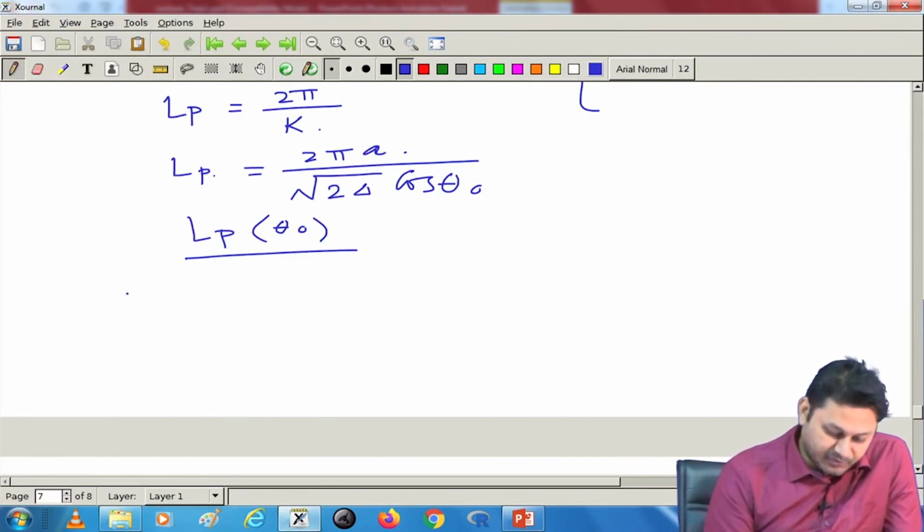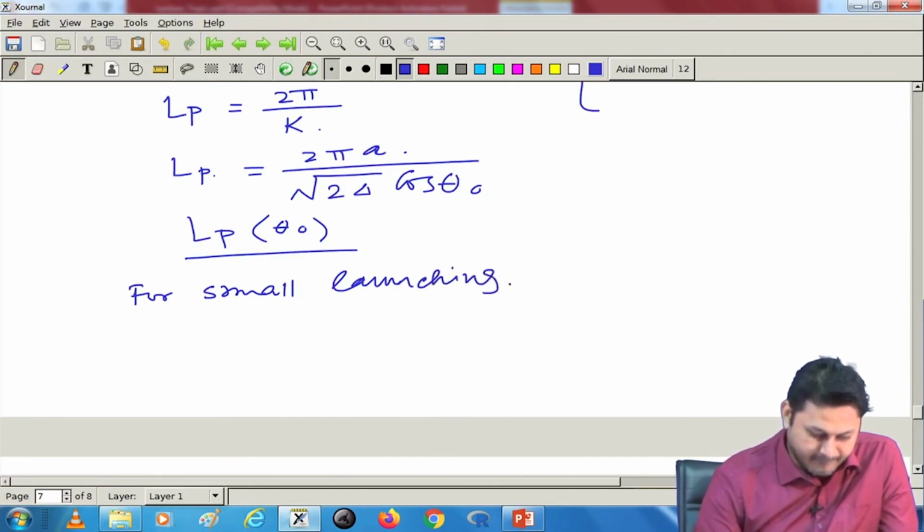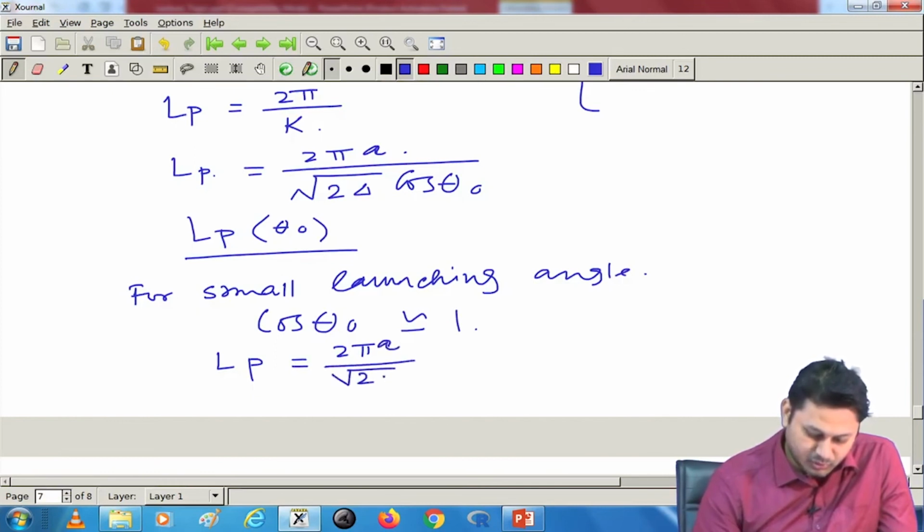However, for a small launching angle, cos theta 0 will be nearly equal to 1. Then my LP will be 2 pi A divided by root of 2 delta.